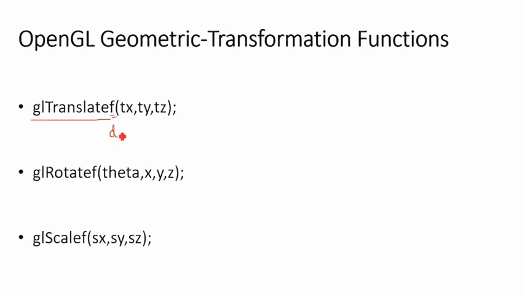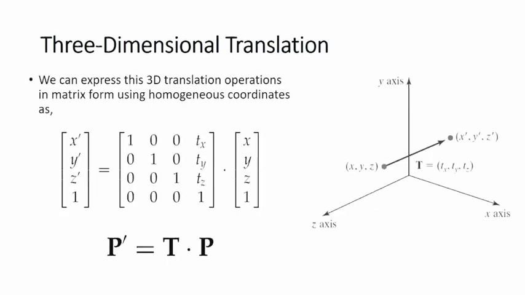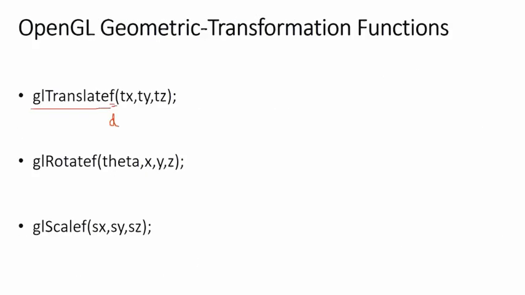If you use glTranslated, these values will be considered as double values. Now Tx, Ty and Tz are offset values with respect to the x-axis, y-axis and z-axis. If you use this function glTranslatef or glTranslated, the matrix will be automatically built by your OpenGL.